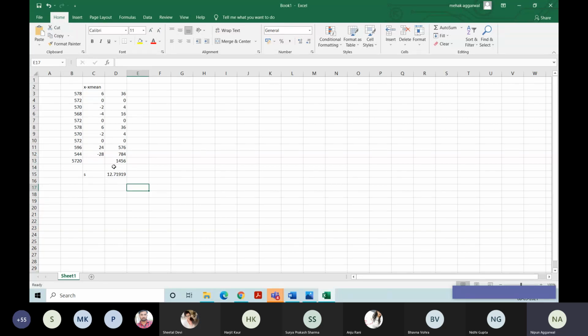Now you have to divide this with n minus 1, because this is a t test, so that is 9. 1456 divided by 9 is 161.7, and the ultimate is the square root of this, raised to the power 0.5. That comes out to be 12.72. So 12.72 will be your standard deviation.